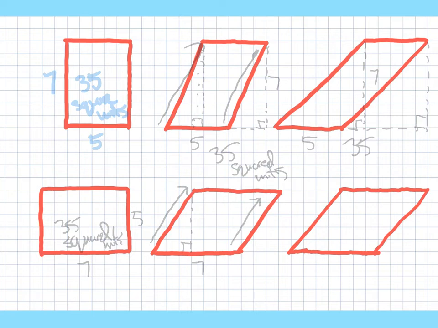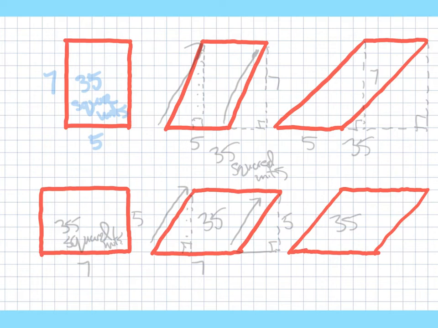There's a couple different ways you can do it, and you get 5. So if we do the same here, we get 35 square units.